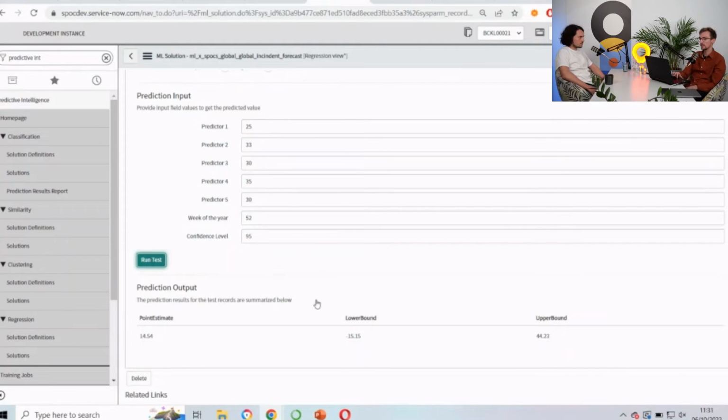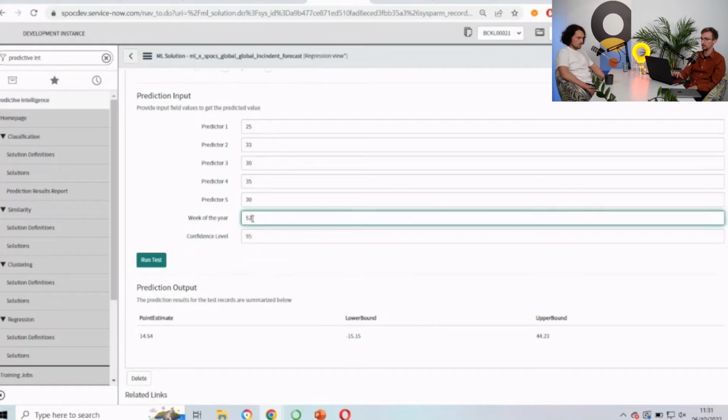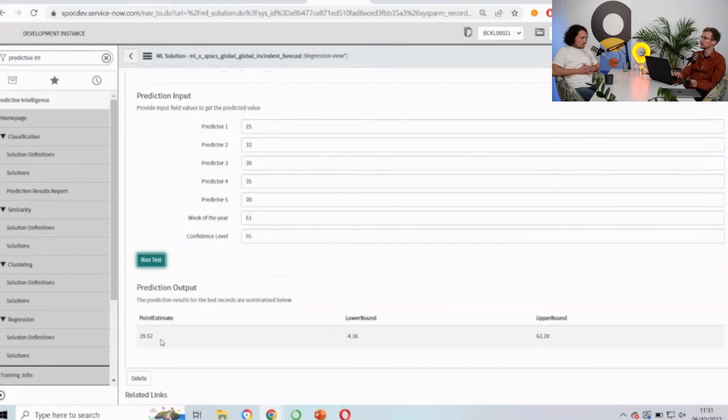And as you can see, the point estimate is around 14, 15. This proves that the predictive intelligence is predicting that at the end of the year the number of incidents will be lower. Let's check 51. It's slightly higher. Great, as expected.